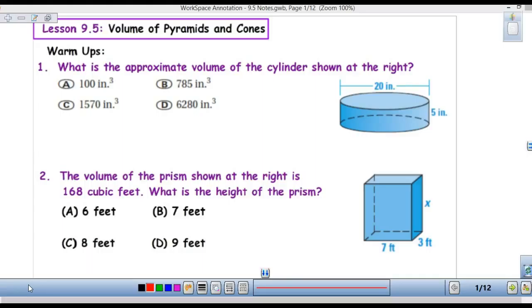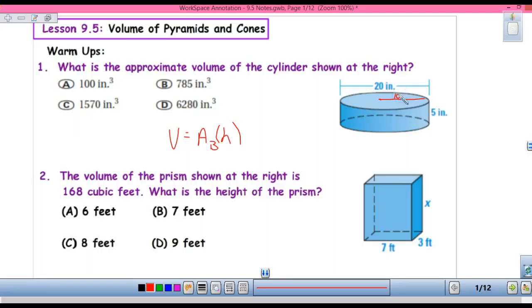All right, so let's review that volume from yesterday. What was my formula? Area of the base times the height. That's all it was. Okay, so what is my radius of this cylinder? 10.